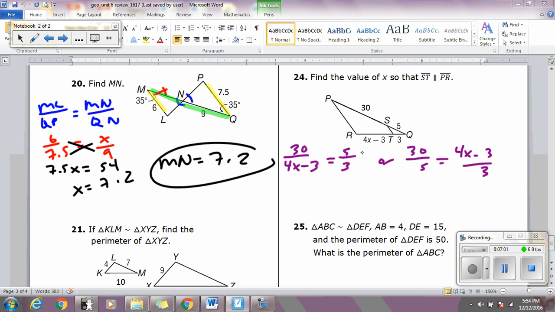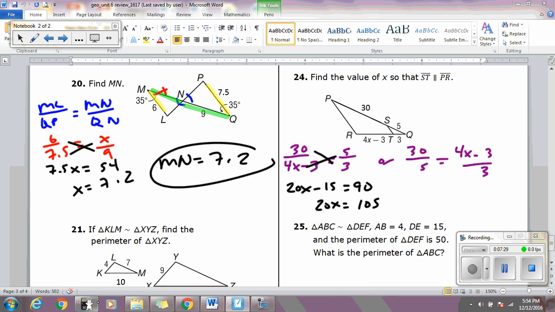So cross multiply. First, I'm going to do 5 times 4x, which is 20x, minus 5 times 3, which is 15. And that's equal to 3 times 30, which is 90. Add 15 to both sides. You would have 20x is equal to 105. And divide both sides by 20.